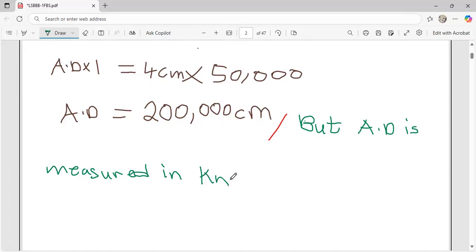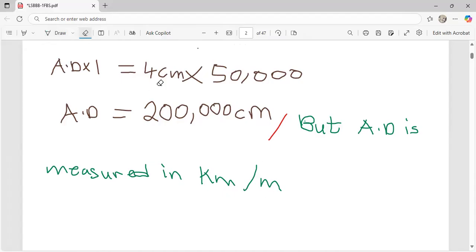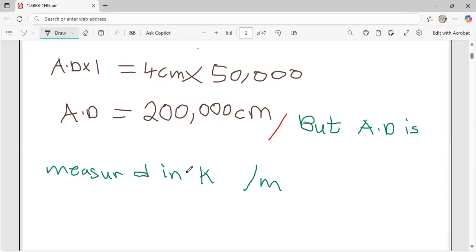Kilometers or meters. Okay. Hence, let's convert our answer into meters.